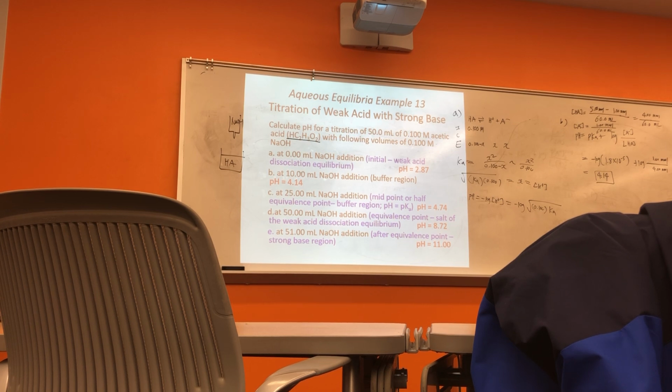So my hydroxide concentration is the square root of Kb times 0.0500. The Kb value is not given, so you're going to have to do 10 to the negative 14 divided by the Ka value, and 0.05. And the Ka value is already given as 1.8 times 10 to the minus 5.